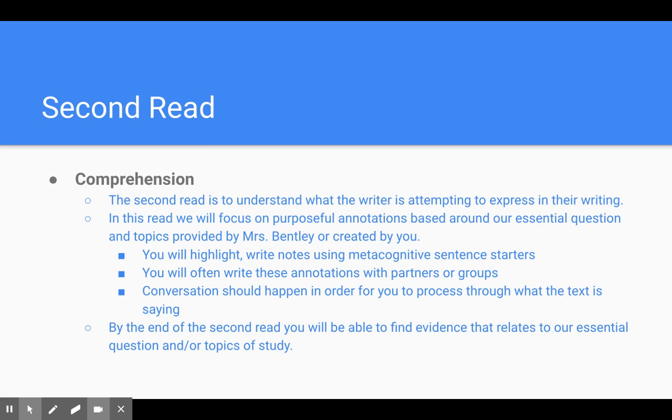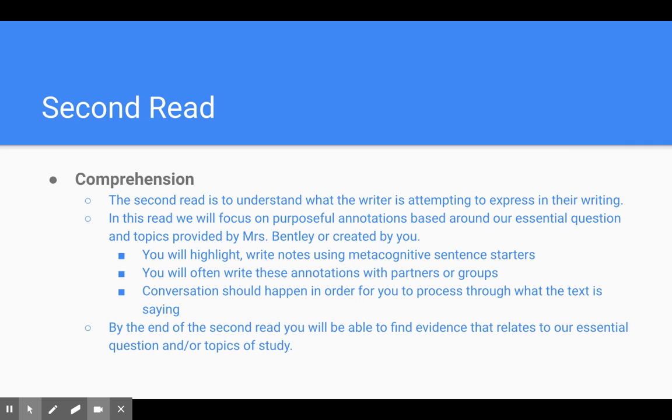These notes will be taken using metacognitive sentence starters that'll be introduced at a later time. They're very purposeful notes where you're tapping into different writing skills. So we're practicing skill advancement and reaching goals while we're also addressing our topic and our essential question.